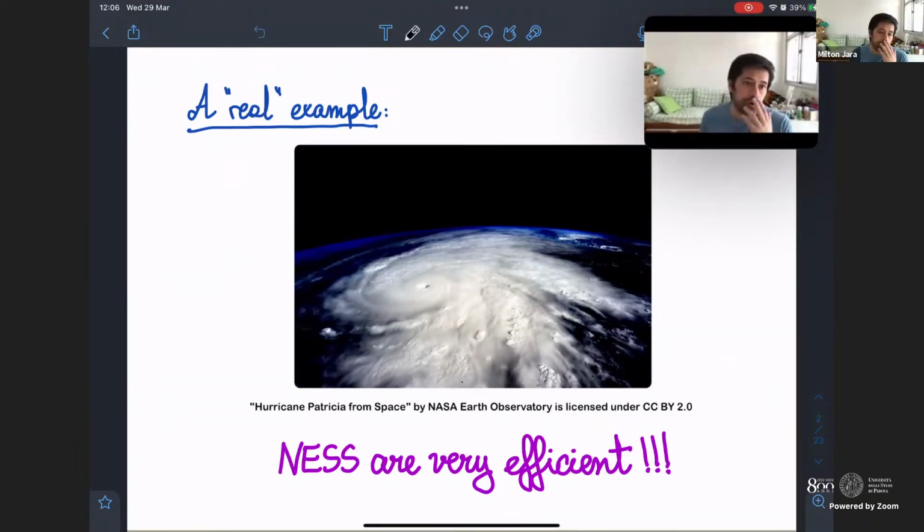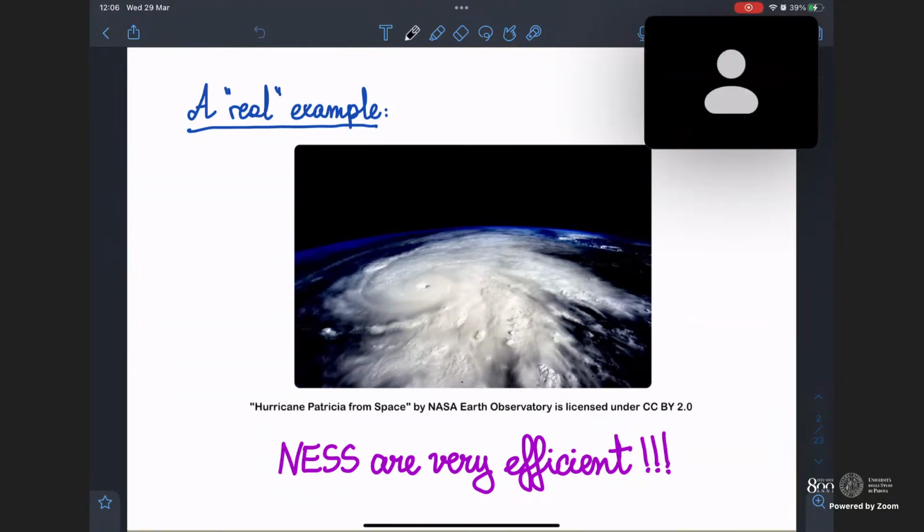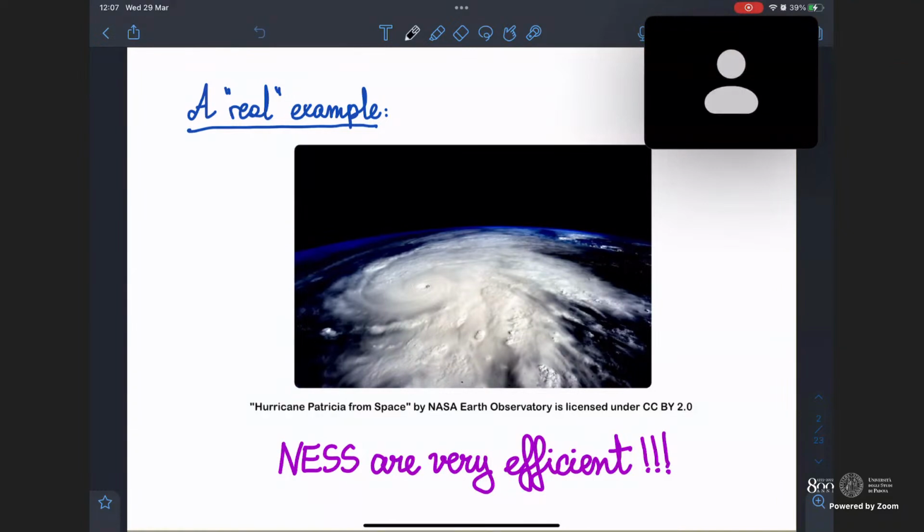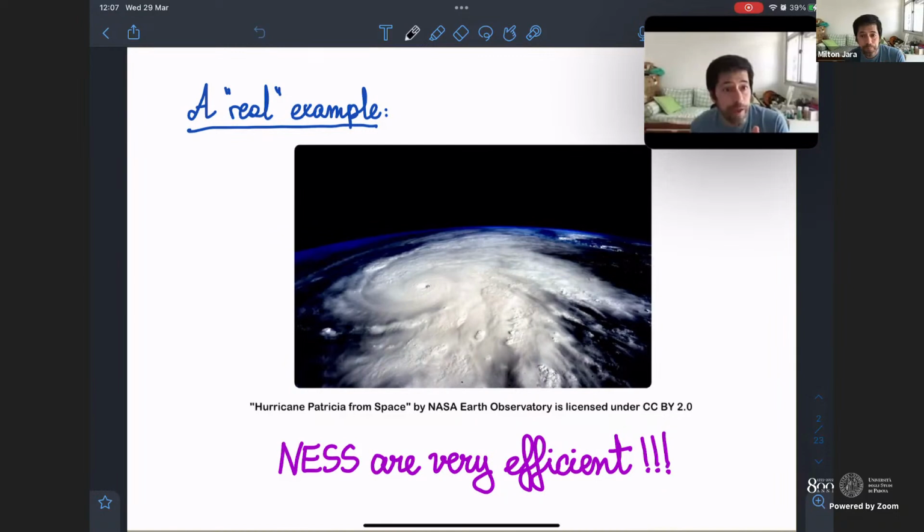In a sense, a hurricane is in a stationary state because it doesn't change too much with time, and so it keeps basically being the same for some time.